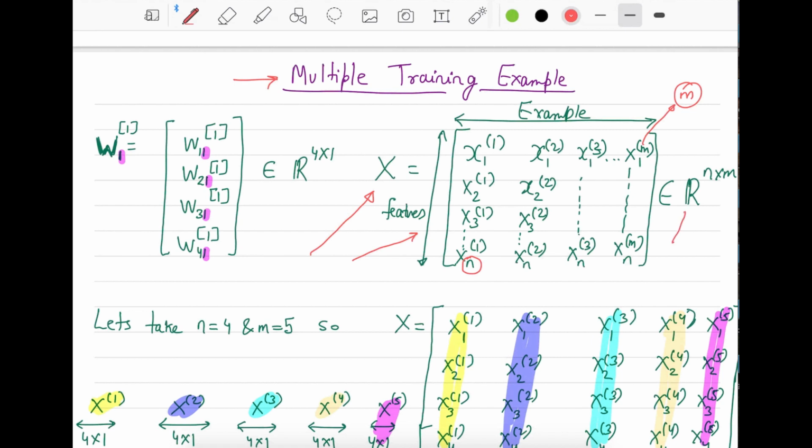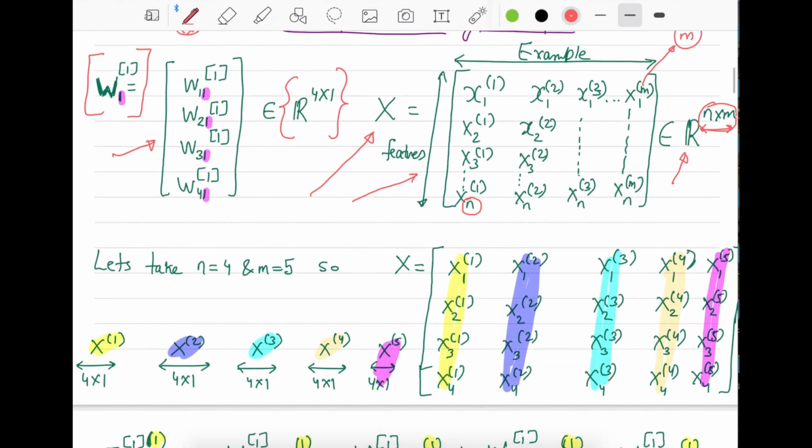So the dimension of this matrix will be n cross m. And since we are dealing with only a single node, as you know, we have only one node in the first layer, so we will have only one weight matrix, and that is represented like this, which we have already discussed. The dimension of this is 4 cross 1 and the dimension of this is n cross m.